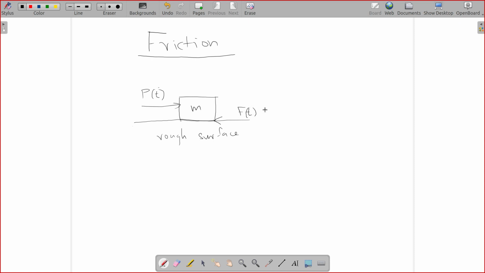In that case, you will have the resistive force, friction, which will also be a function of time. When external force P is 0, the friction from the surface on the body will be 0. As you keep on increasing the external force, the friction force also will increase, and it reaches a maximum value. So this will be a line.